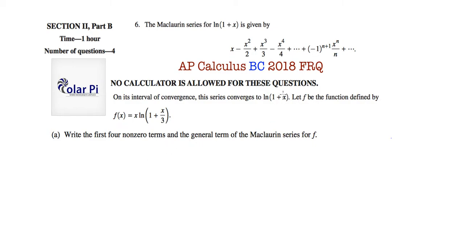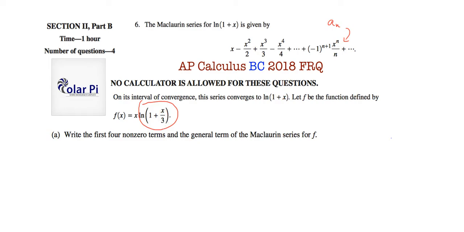Now to start, the general term of ln of 1 plus x is that. So a_n, the nth term for ln of 1 plus x, is given right here. Then first, let's look at this portion of f. All we have to do to get the general term for the Maclaurin series of ln of 1 plus x over 3 is to replace this x right here with an x over 3.